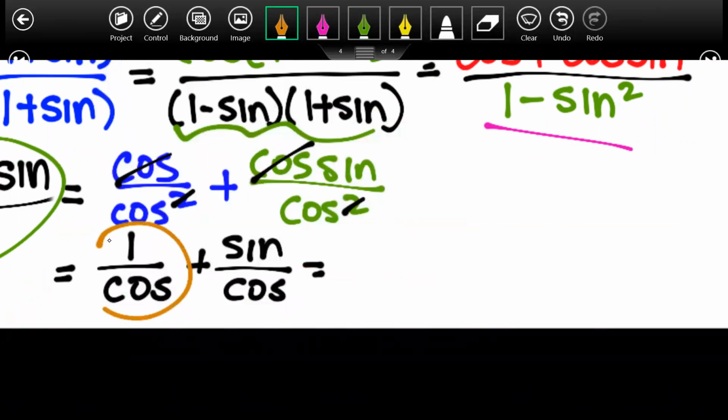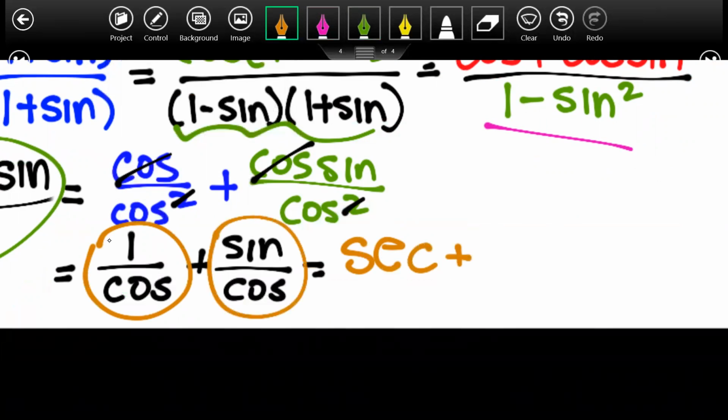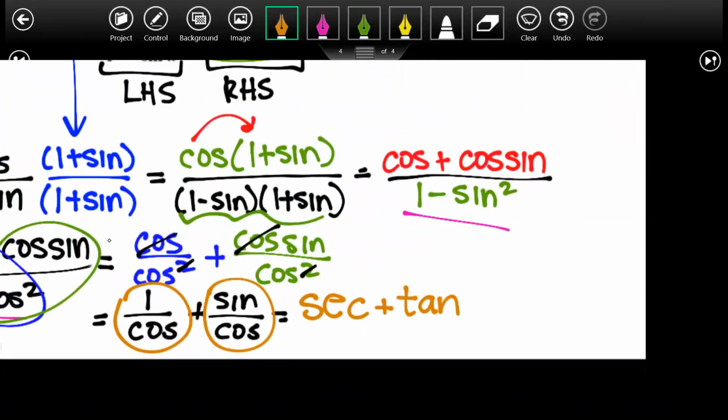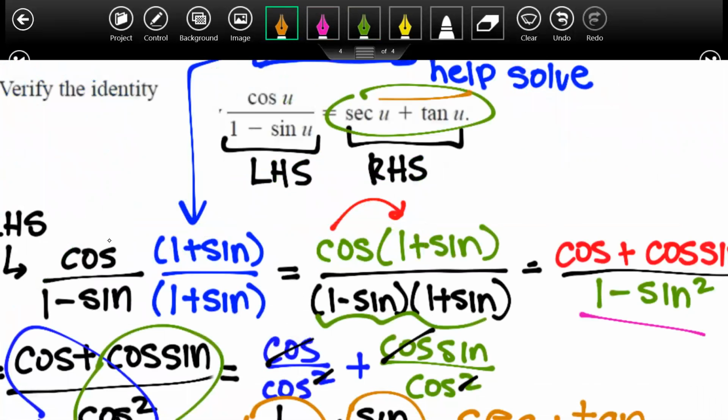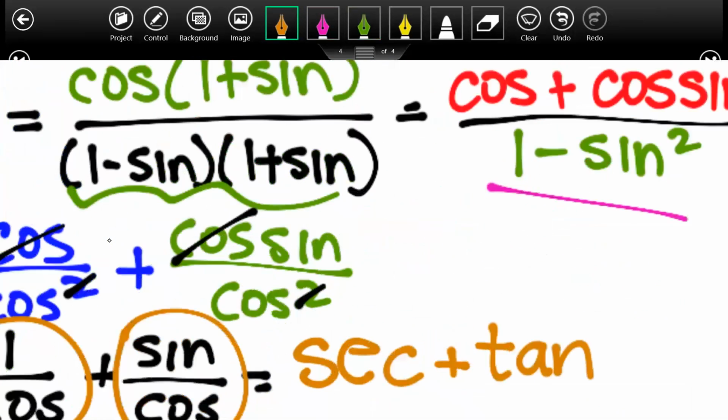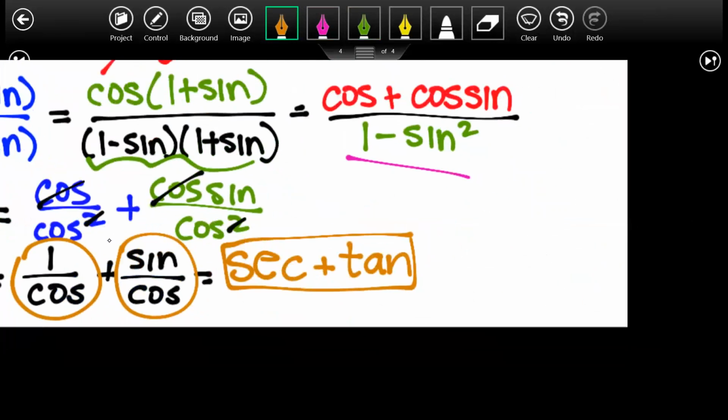So 1 over cosine is what? Secant. Sine over cosine? Is that what I wanted to show? It's cool math. Just this is some awesome math. Okay, and this is what the right-hand side, right? RHS.